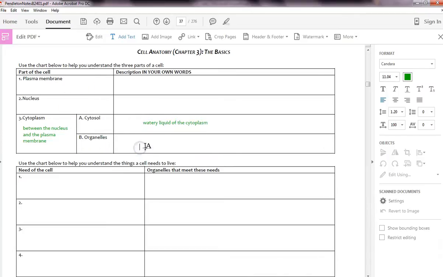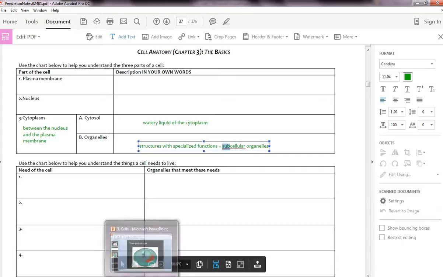And then the organelles are going to be the structures with specialized functions in the cell. And sometimes they're called subcellular organelles. So organelles, subcellular organelles, it's the same. Remember, sub means below, so it's something that's smaller than the cell. Okay.